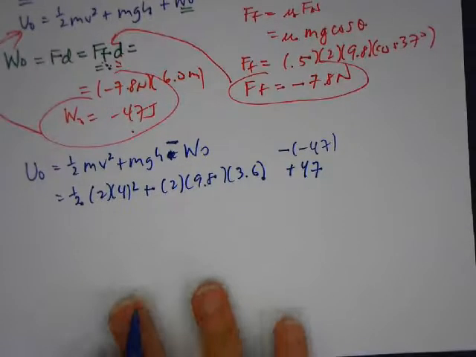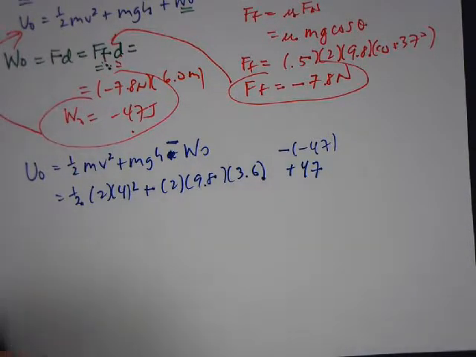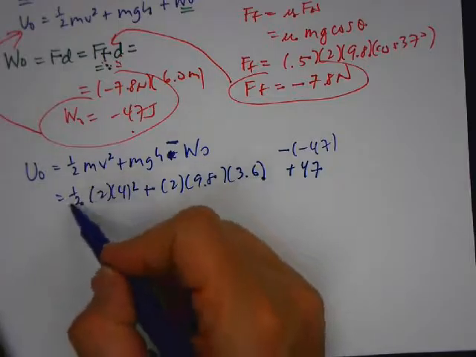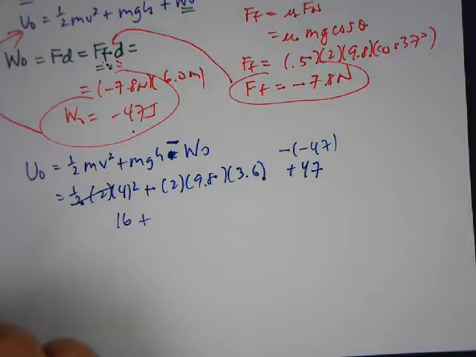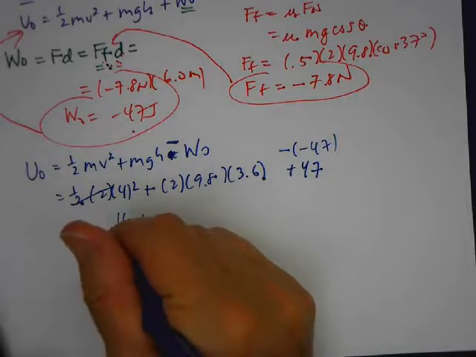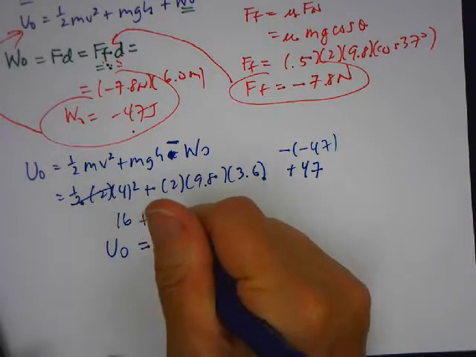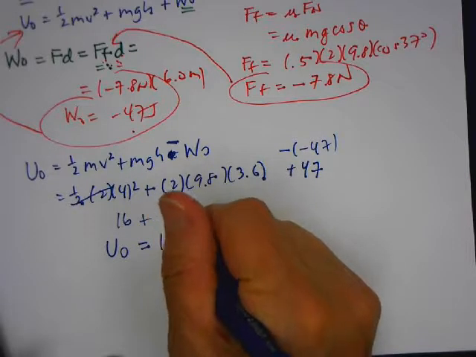That's a good place you can make a mistake. So let's see if we get the right answer. 16 plus 3.6 times 9.8. And we get 133.56, which is about 134.